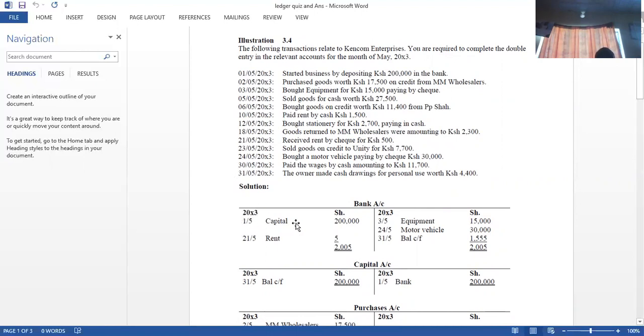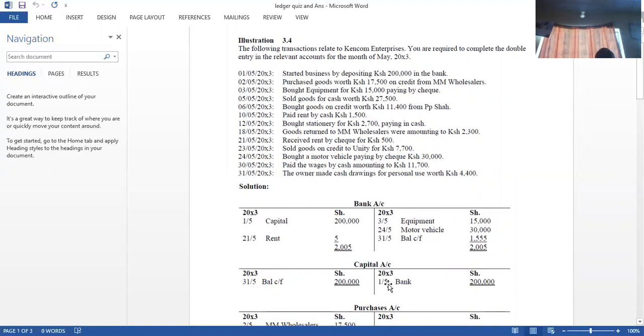Remember, if it is capital and bank that are affected, in the bank account, we normally use the word capital because that is the other account that is affected. And when we go to the capital, we use the word bank because it is bank that is also affected by that particular transaction. Remember here, the names normally interchange. In the bank, we use capital, and in capital, we use the word bank.